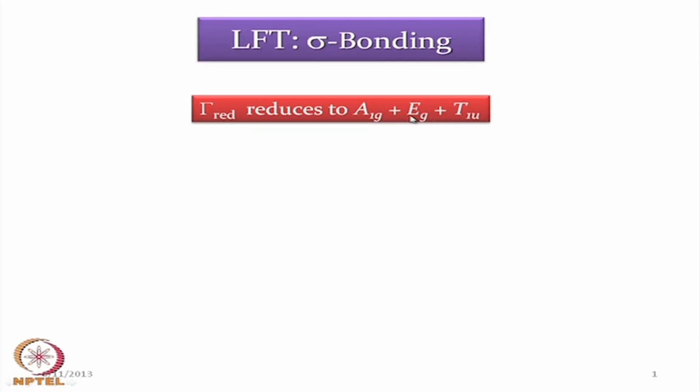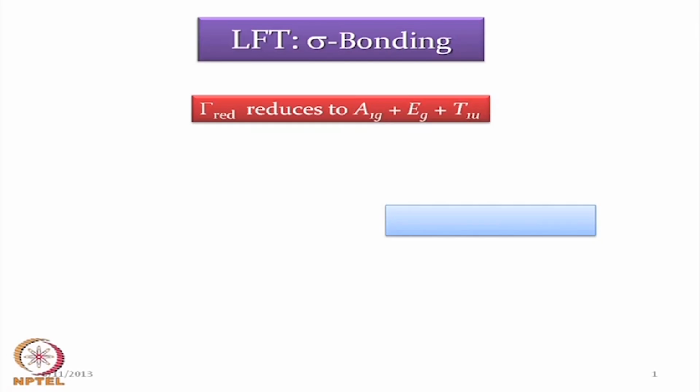Those symmetry levels do not appear in the reducible representation for sigma bonding, so those orbitals will not participate in sigma bonding in ligand field theory. Only the Eg orbitals, that means dz square and dx square minus y square, will be available for some amount of sigma bonding with the ligand symmetry orbitals.